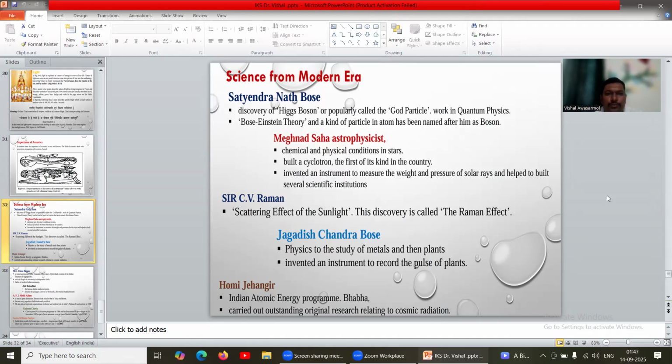Satyendra Nath Bose worked in quantum physics, and the Higgs boson, popularly called the God particle, is linked to his work. Bose-Einstein theory, and a kind of particle in the atom has been named after him as boson.